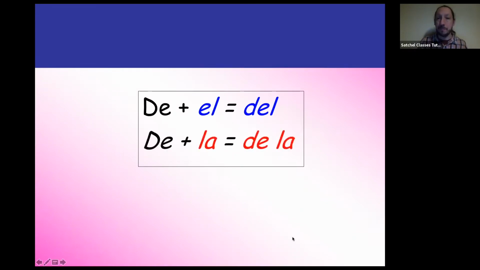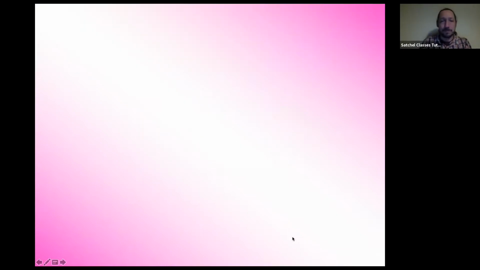But if you have a feminine word, like say for instance, cama, then you don't need to do anything. You just leave it as it is, de la. So if you have a masculine word, you'll have to say del, which means of something. Now let's see other examples.